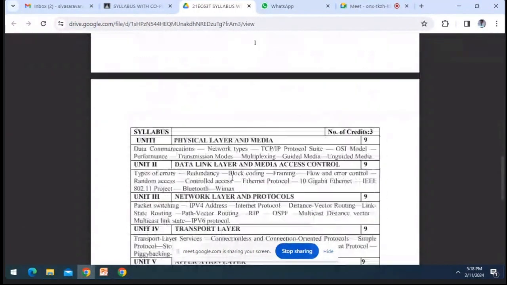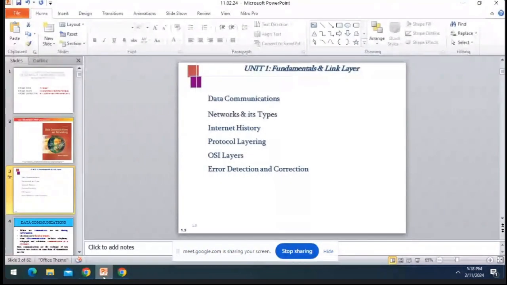So these are the outcomes we can get from this course. We will start with Unit 1, that is physical layer and media. It consists of several topics. The first topic is data communication.